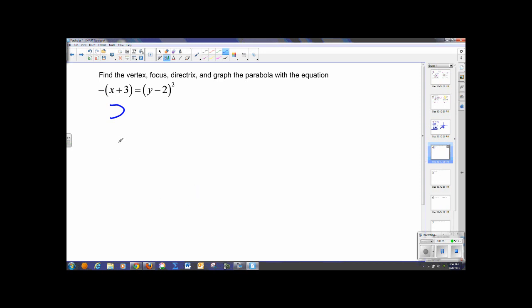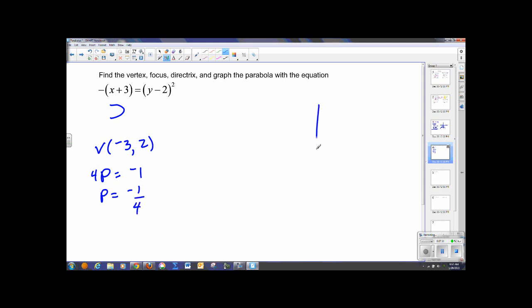My h value is a negative 3, and my k value is a 2, which gets me my vertex. I know my p value, since there's nothing there, reflects a negative 1, so 4p is going to be negative 1, and p is negative 1/4.